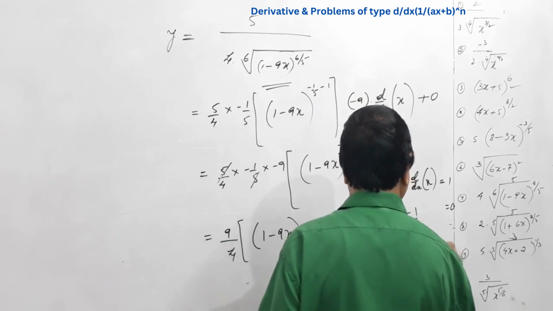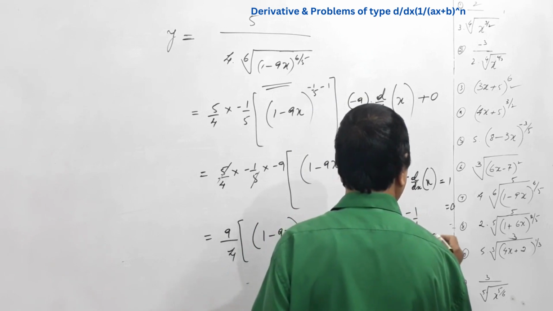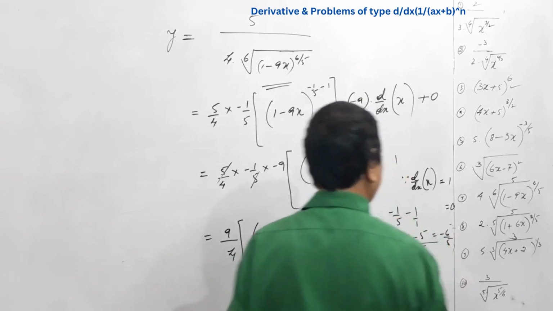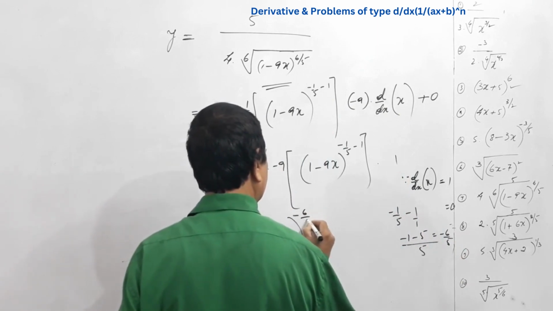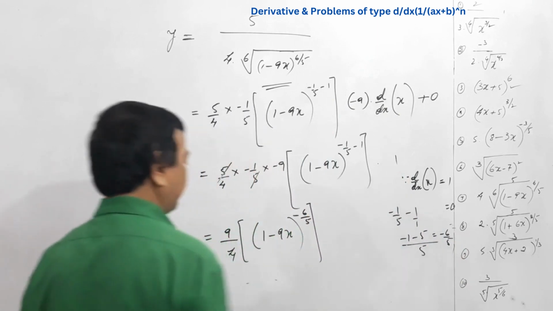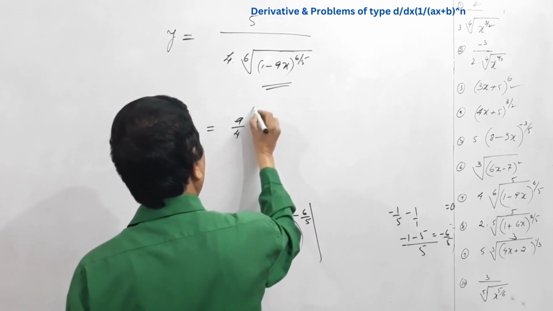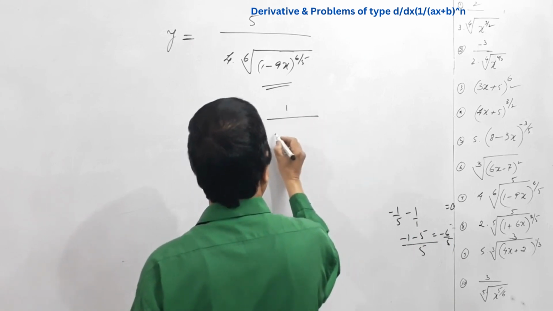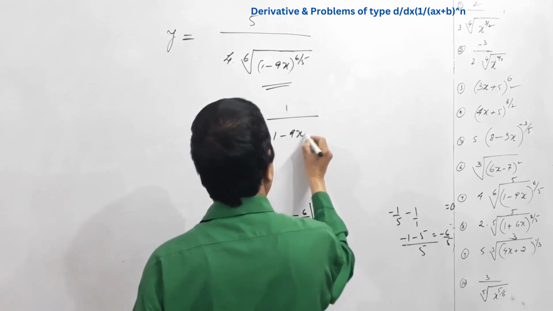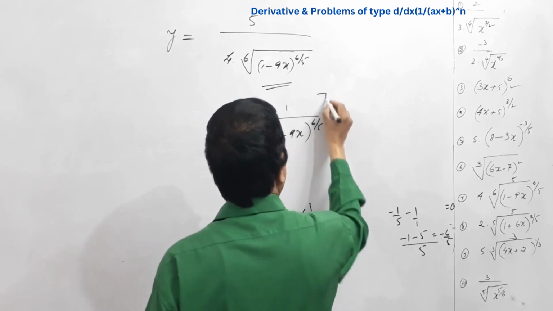So 5 is the LCM, minus 1 minus 5, this is minus 6 by 5. So that is equal to 9 by 4. I will send it to the denominator, that becomes 1 minus 9x to the power of 6 by 5.